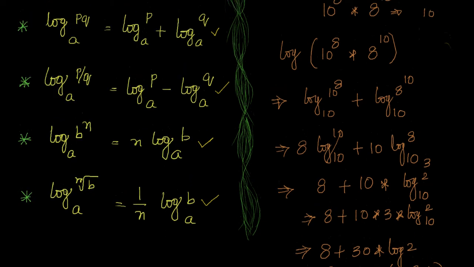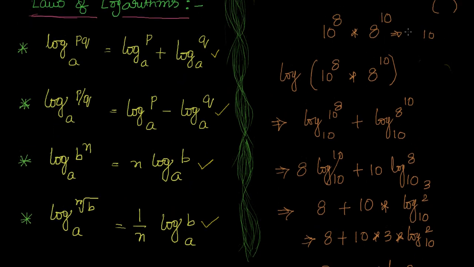Now how do I find out the number whose logarithm is this? Let us say if the logarithm of that is equal to x, then you know that it is nothing but 10 to the power of whatever number you got. That is what the definition of logarithm says. Let me change the color not to confuse you.